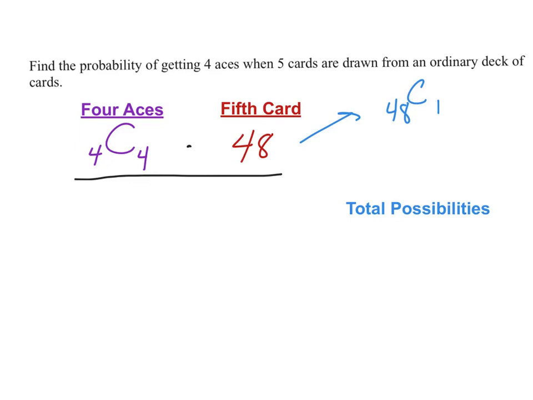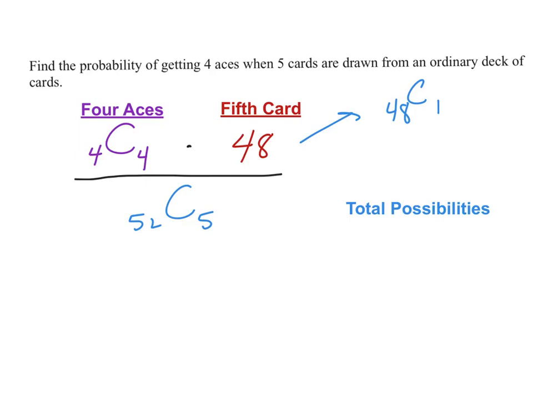Is it a combination or permutation? Combination. It's still a combination, so the order doesn't matter. I have 52 cards. How many am I choosing? 5. So the total number of possibilities for getting a 5-card hand out of an ordinary deck of cards is 52 choose 5.